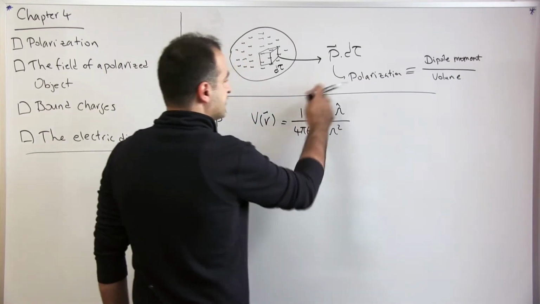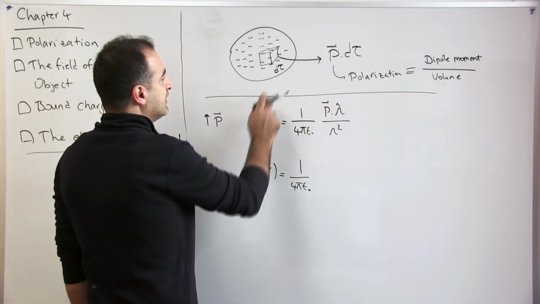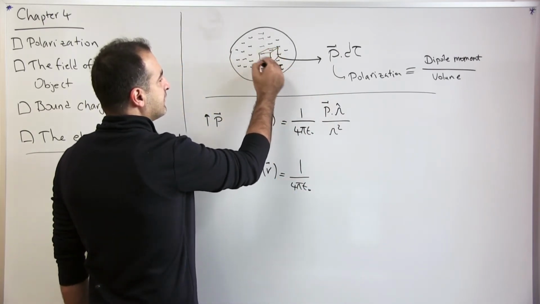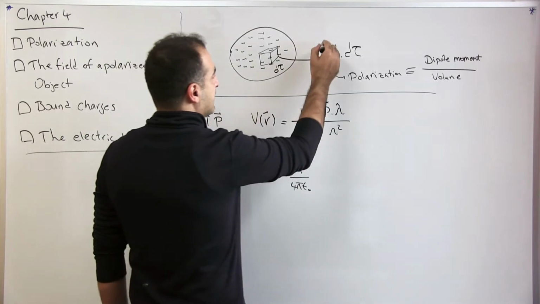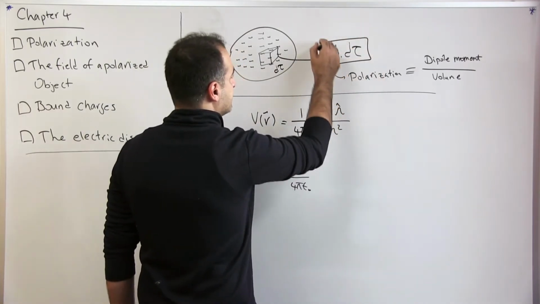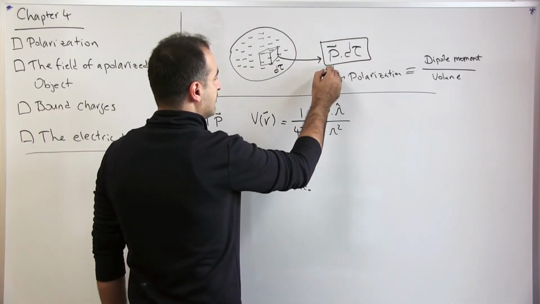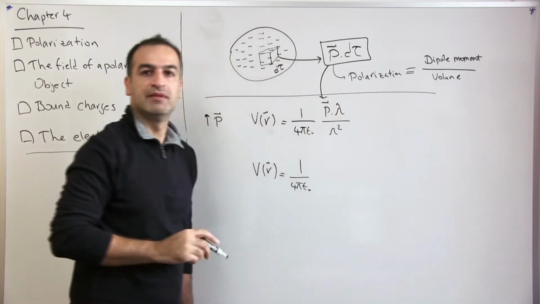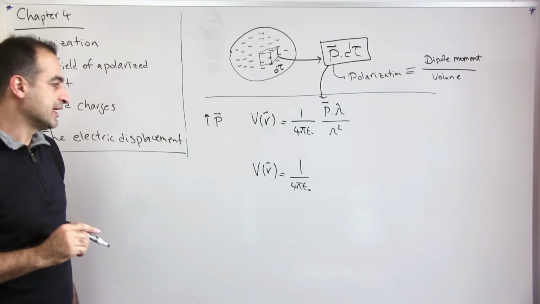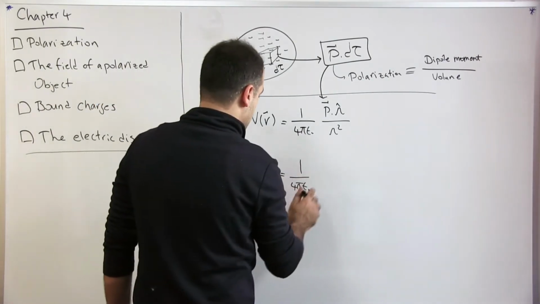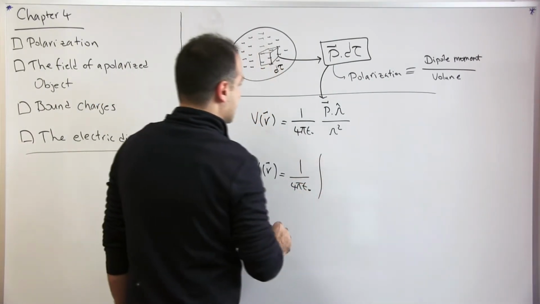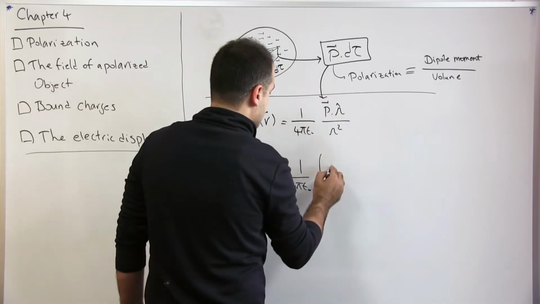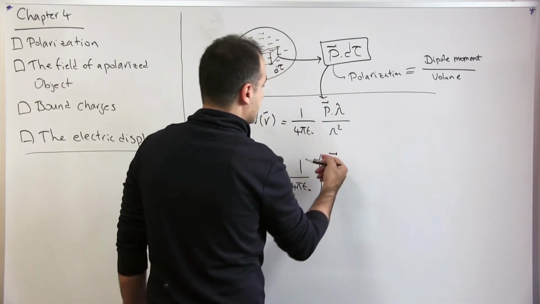Every small infinitesimal volume has a dipole moment, so this dipole moment should be replaced with the dipole moment we get from one single dipole. So I'm going to write 1 over 4 pi epsilon 0, and I'm going to integrate here now P, which is polarization.